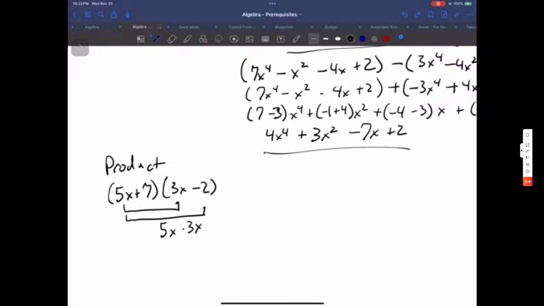Let's just do this by colors. If I take the blue, 5x and 3x, then I get 5x times 3x. If I take the red, I get 5x times 2, it's always plus 5x times, and you'll notice, it's a negative 2.